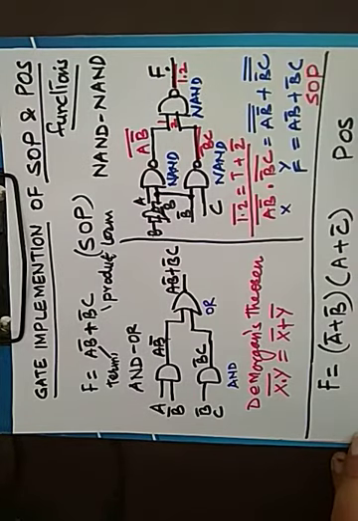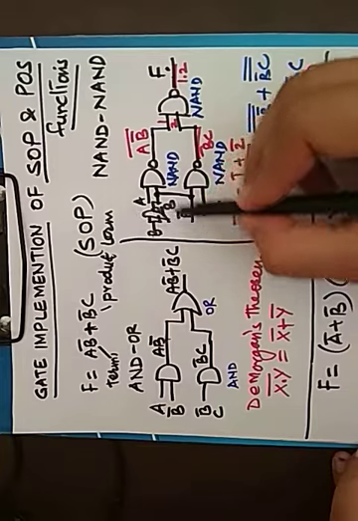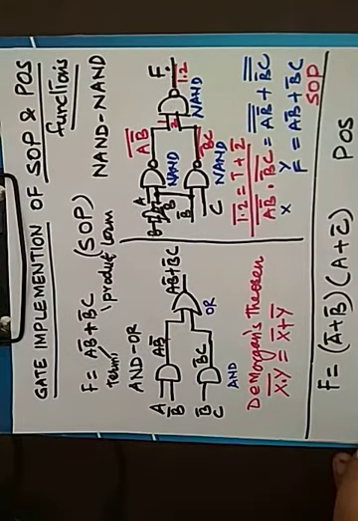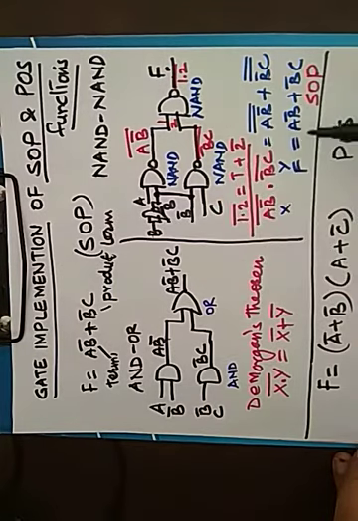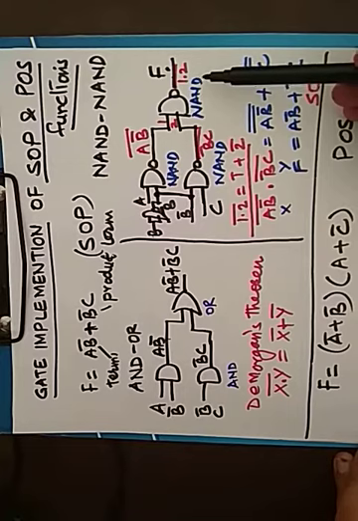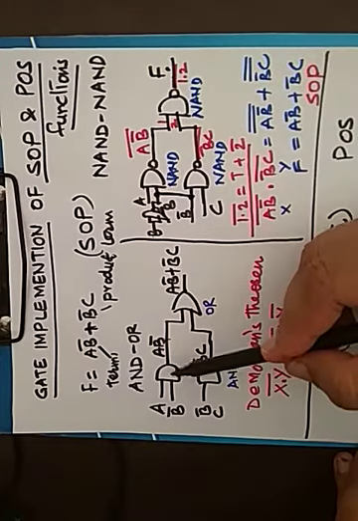So this completes the circuit. There is another NAND inverter at the input B. So we saw that an SOP function can be implemented by NAND, NAND, NAND, or by AND, OR.